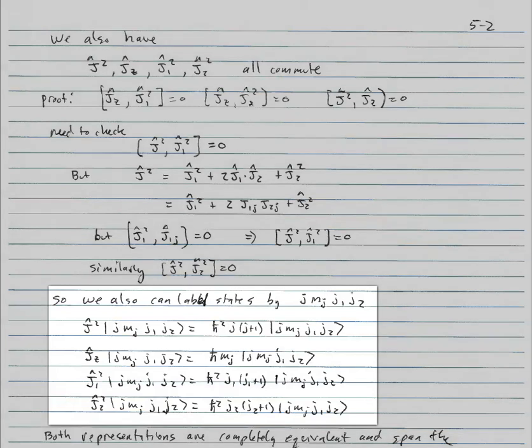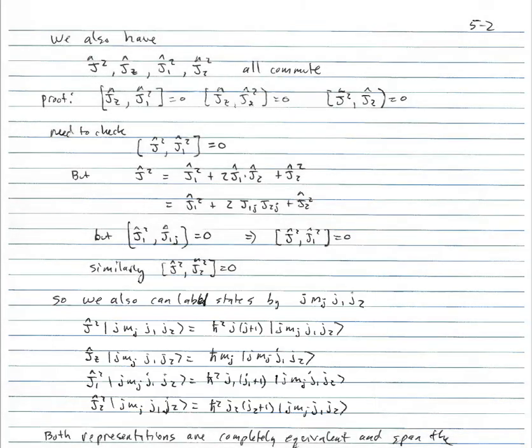So we now have another set of eigenstates that we're going to label by total angular momentum quantum number j, total z component of angular momentum quantum number mj, total angular momentum of 1, j1, and total angular momentum of 2, j2. And the operators, when they act on the states, are given by this set of 4 equations here. I'm not going to read them out for you, but they're pretty obvious given what those quantum numbers are, exactly what those eigenvalue-eigenvector relationships are.